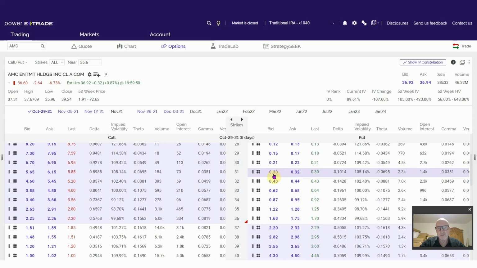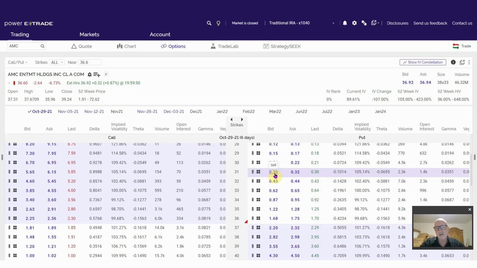This is the far out of the money, this 30-cent put premium. When the price is going up on the stock, for instance, the 36.60 price is going to 40, this premium is going to go to 1 cent, 2 cents, or whatever.